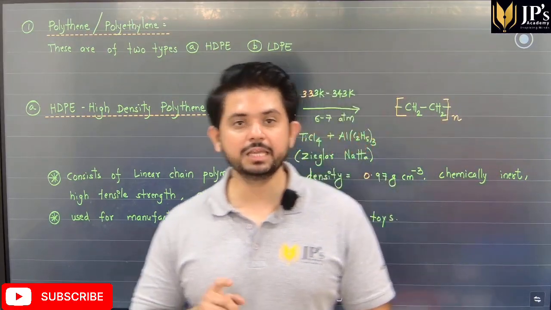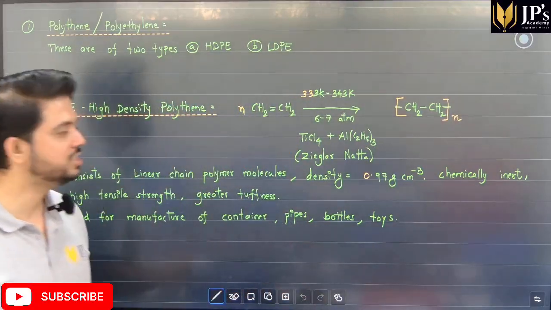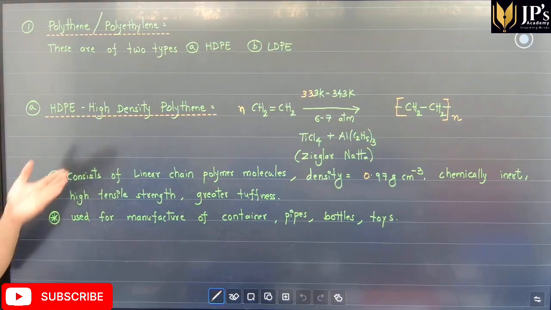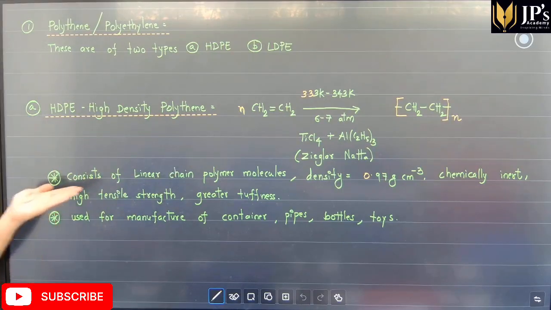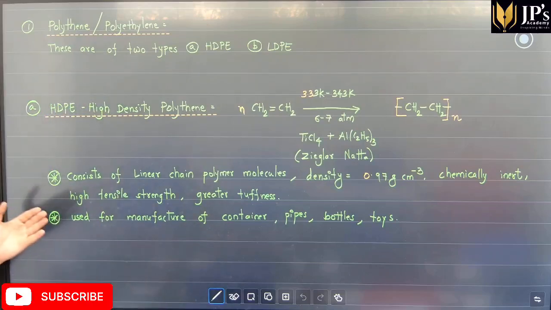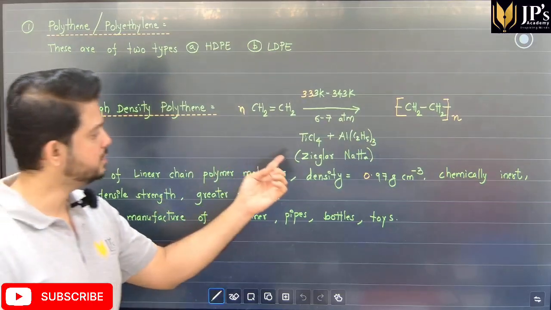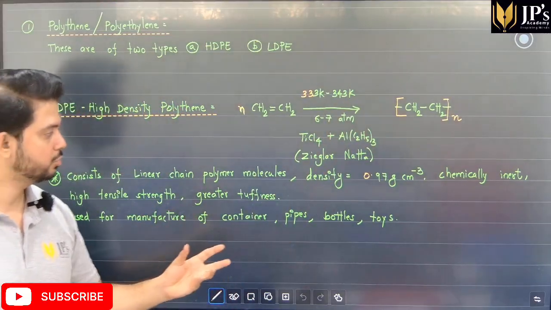Now there are two types in this, students. One is LDPE, also called low density polythene. The other is HDPE, high density polythene. As the name suggests, HDPE will have a higher tensile strength and greater toughness. You need to remember the catalysts and the temperatures here.